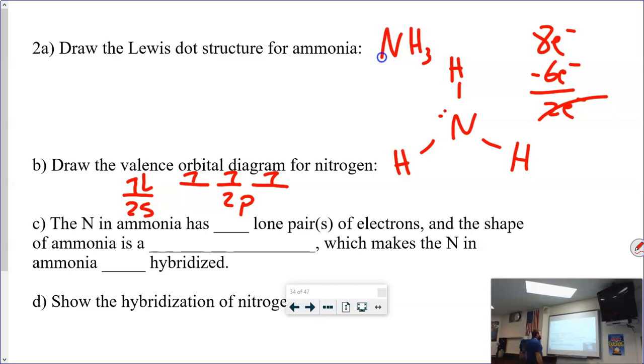The nitrogen in ammonia has one lone pair of electrons, and the shape of ammonia is, ooh, that's a tough one. What is the shape of ammonia? Well, what's the coordination number, right? Let's start there. I have 3 atoms, one lone pair around the nitrogen. That's coordination number 4.